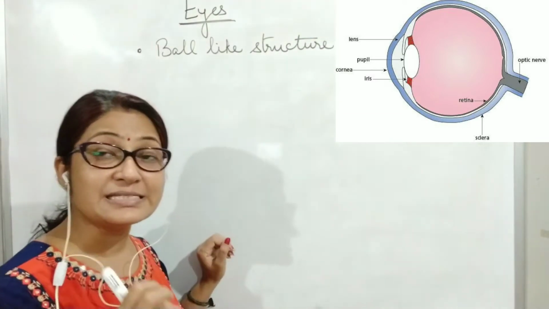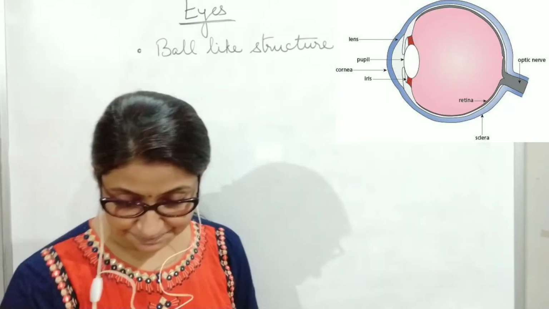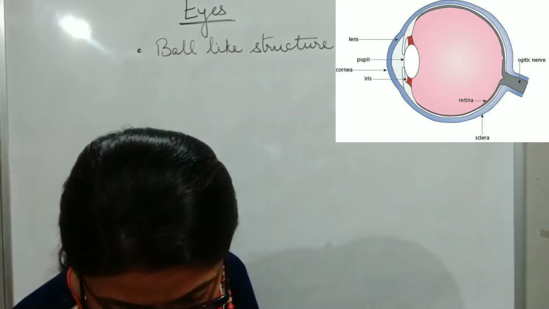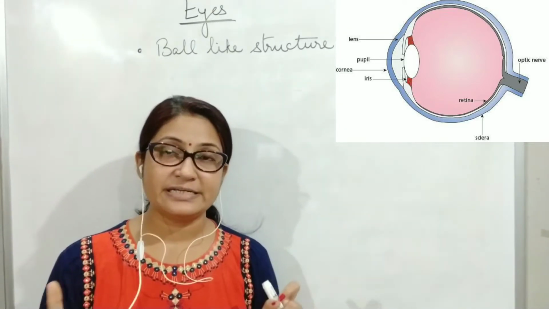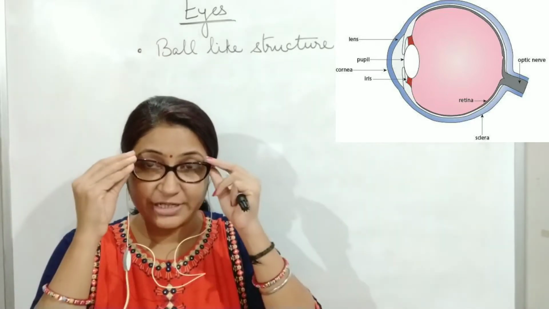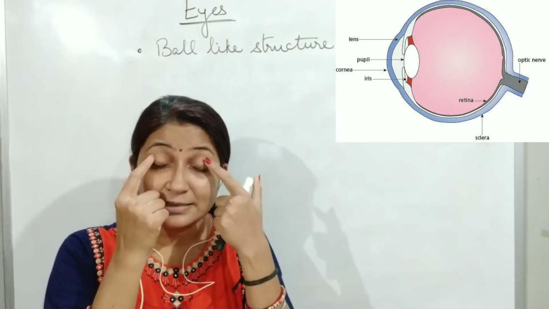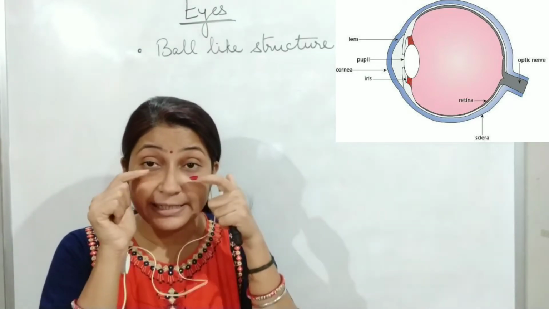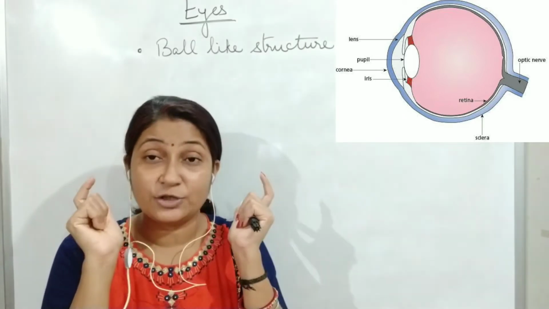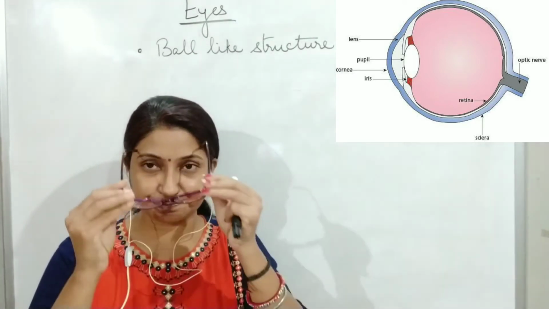These eyes are protected by two things: one is the eyelid and the other is the eyelash. What are eyelids? This skin part which is here is called the eyelid. And these tiny hairs present on our eyes are called the eyelashes.